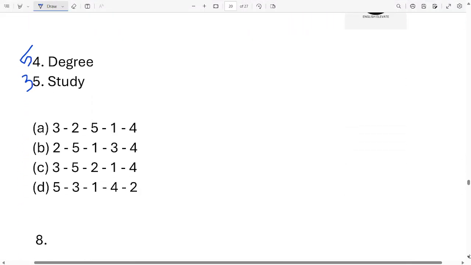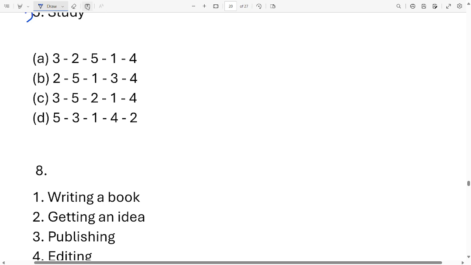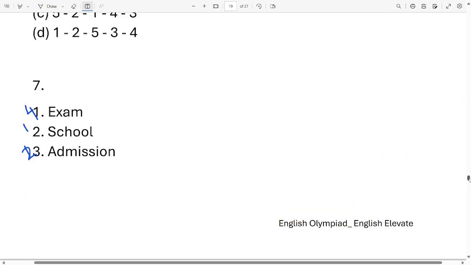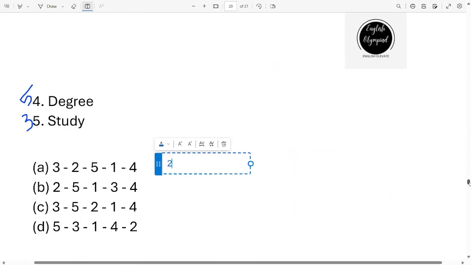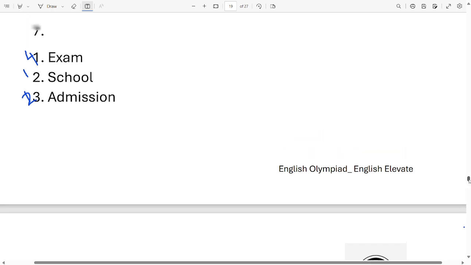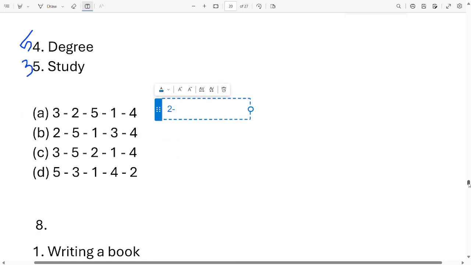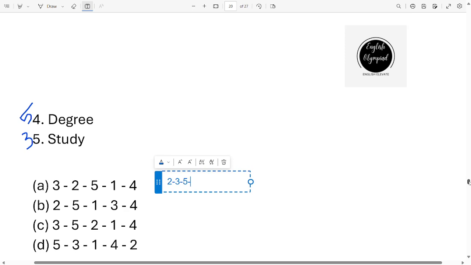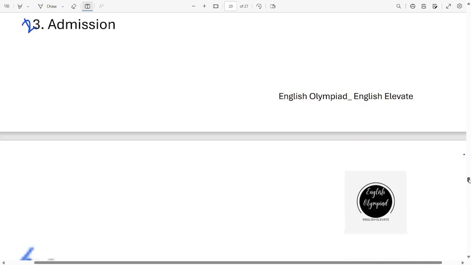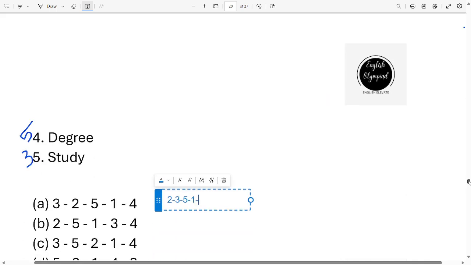It is 2, after 2 it is, wait a second, sorry, it's 3, 2, 3, 5, 1, 4.